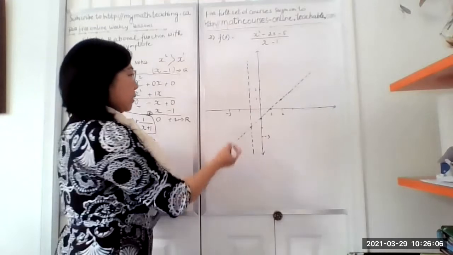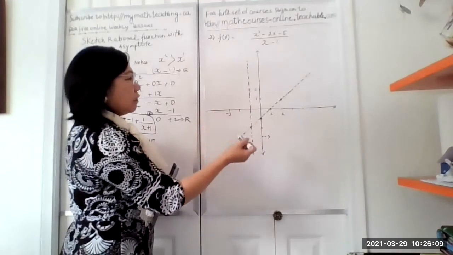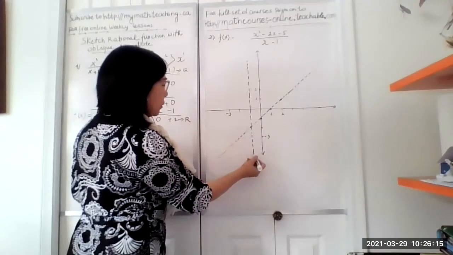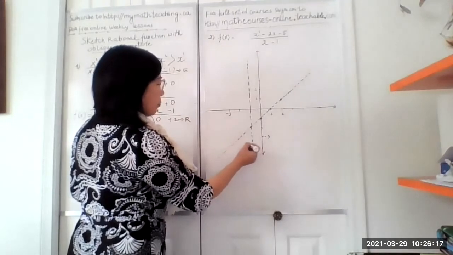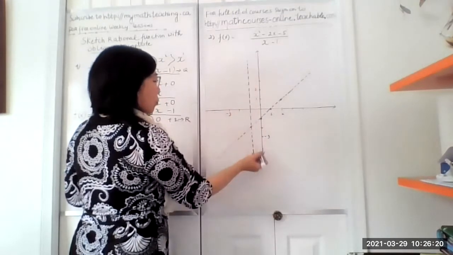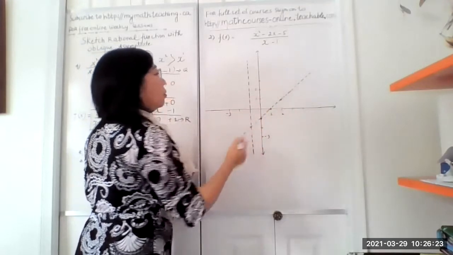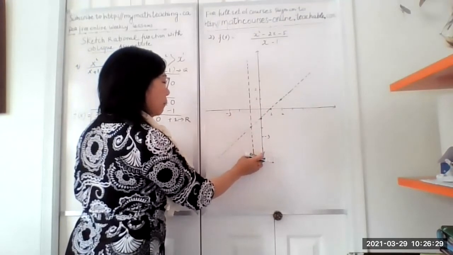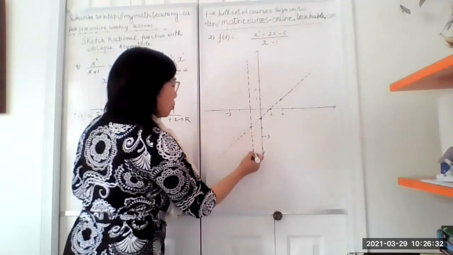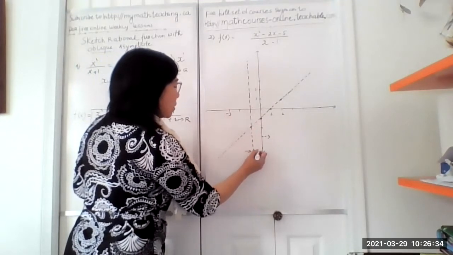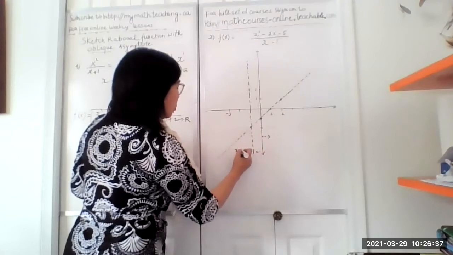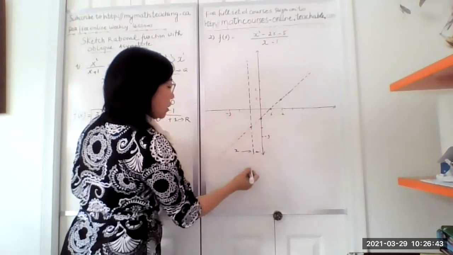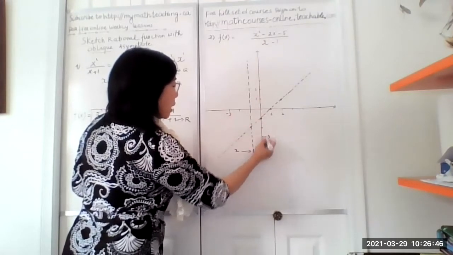Now, how do we sketch this function? We sketch this function based on a few points, right? First of all, where do we put the pen? Do we put it up here, down here, or here or here? We don't know. So let's take a look at the y function behavior when x approaches this vertical asymptote, from both sides, the left side of the vertical asymptote and the right-hand side.